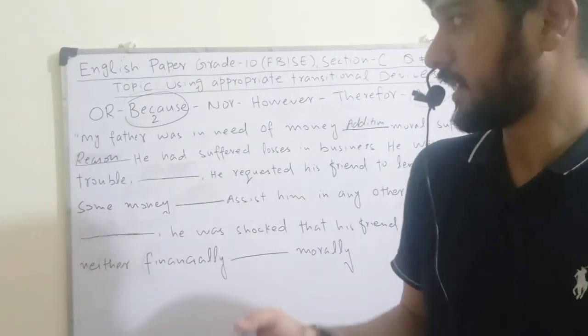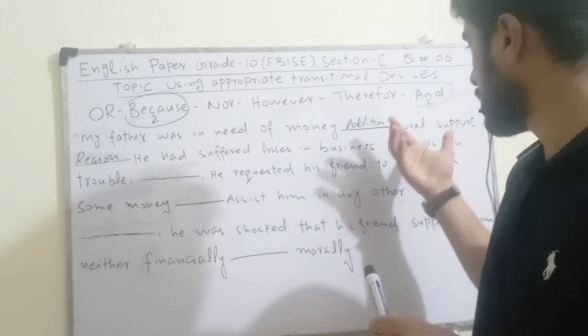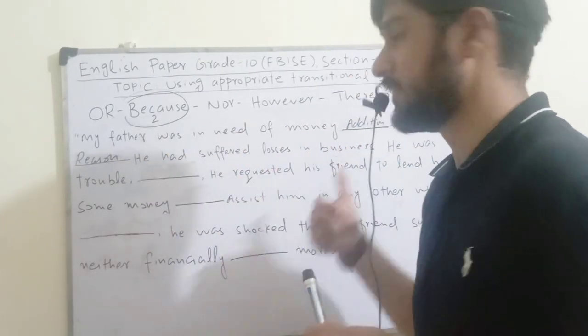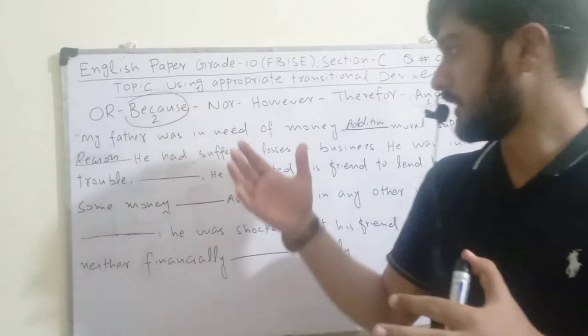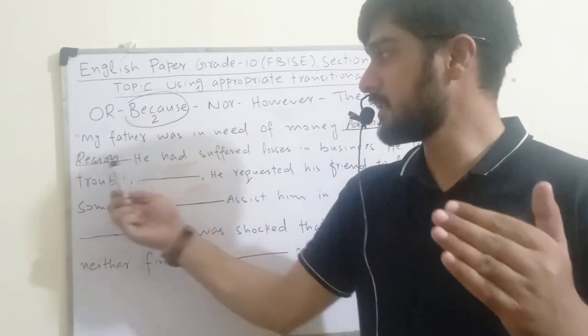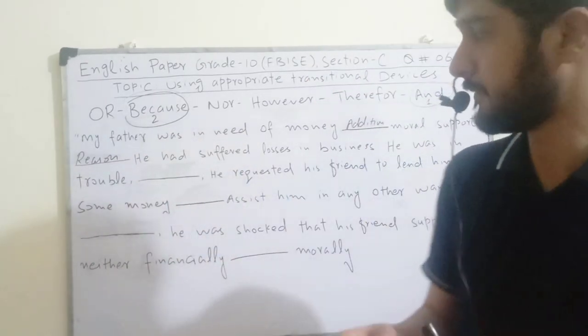That's why we use "because." That was a reason. What was the reason? Moral support, because he had suffered losses in the business. So this was the reason he needed money and moral support. So we use "because" as a reason in terms of transitional device.